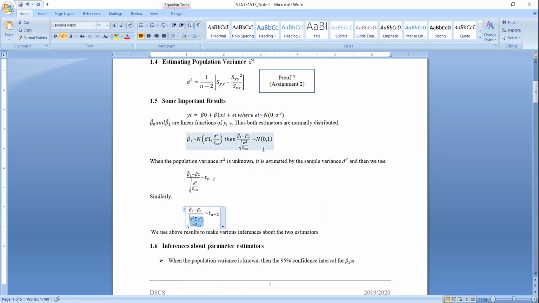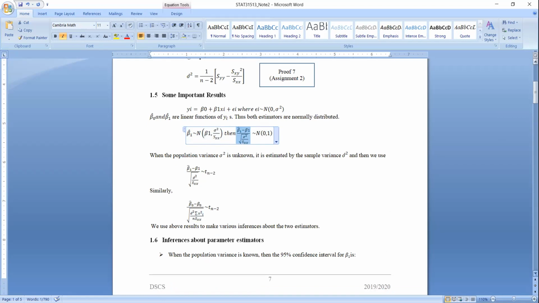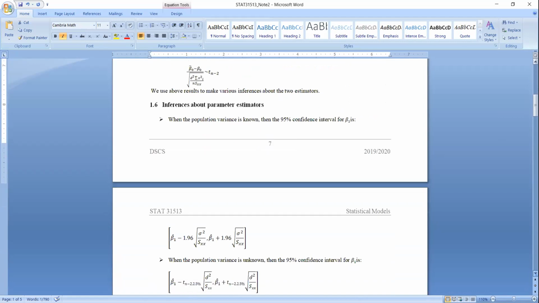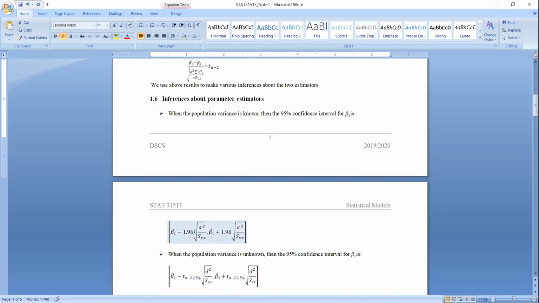When we calculate the 95% confidence interval, we assume this test statistic is between the two table values, which would be minus 1.96 and plus 1.96, since we want a 95% confidence interval and this comes from the standard normal distribution.